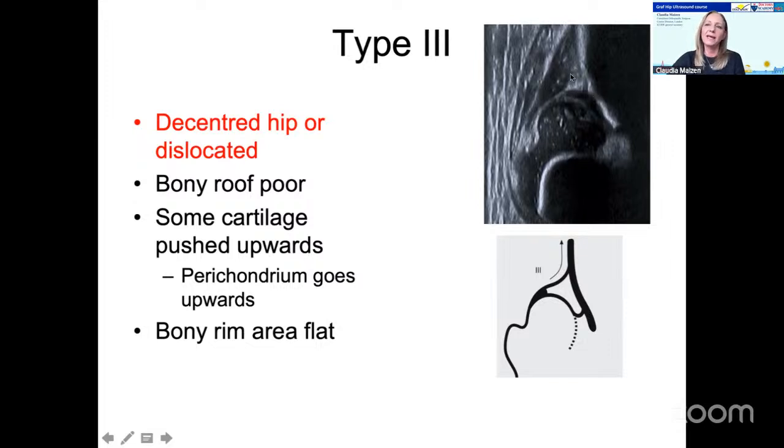The bony rim area here is now flat. We can see that's not blunt, that's not round. This is really flat now. Below you see a schematic picture showing that the perichondrium, which is covering the cartilage of the acetabulum, is going upwards in type 3 hips.